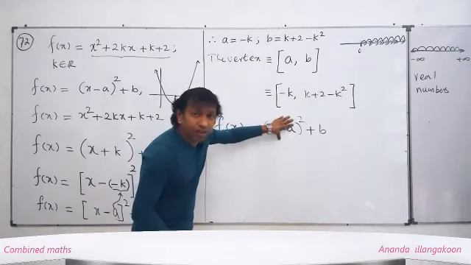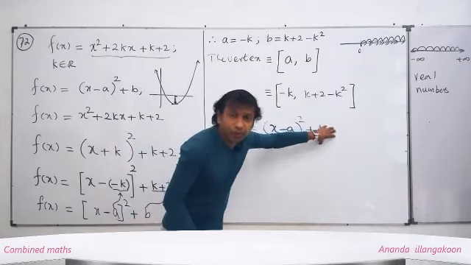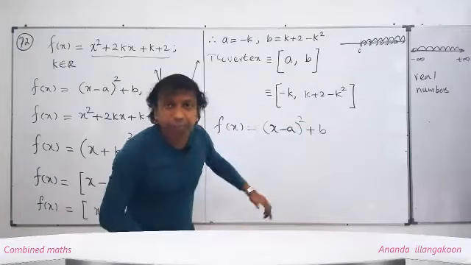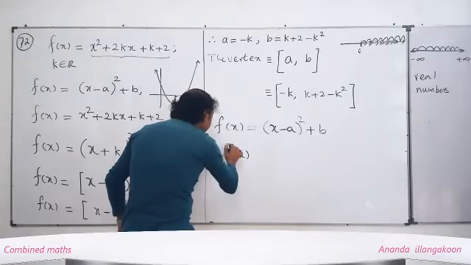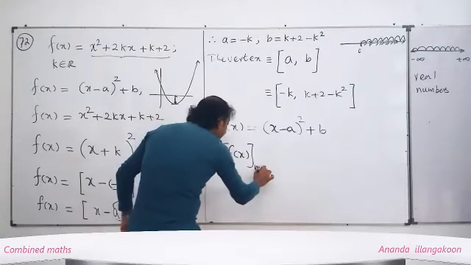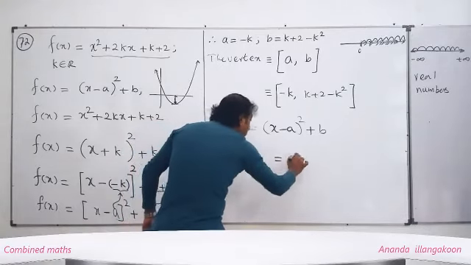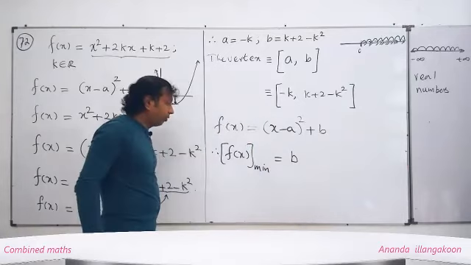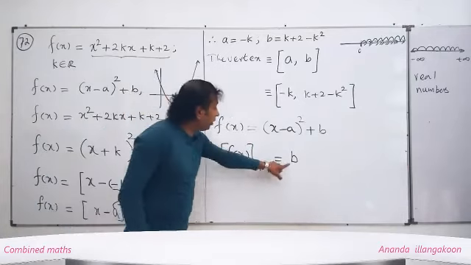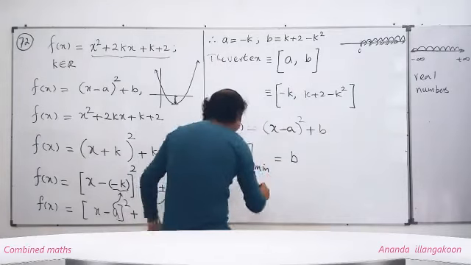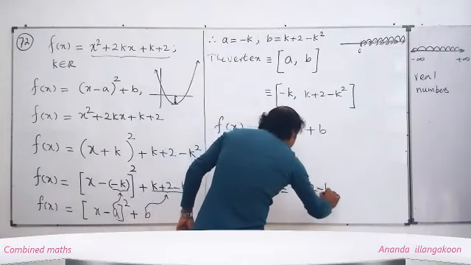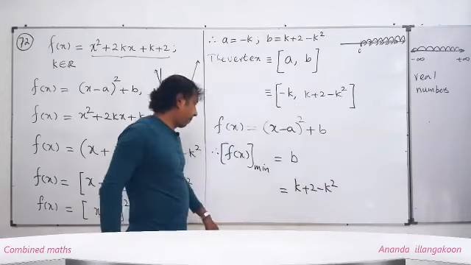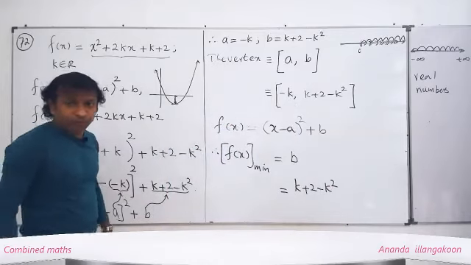When this is 0, what is available on the right hand side? B, no? Then the minimum value of f(x) is B. Therefore, f(x) minimum is this B. But what is B, people? B is this: k plus 2 minus k square. F(x) minimum is B.